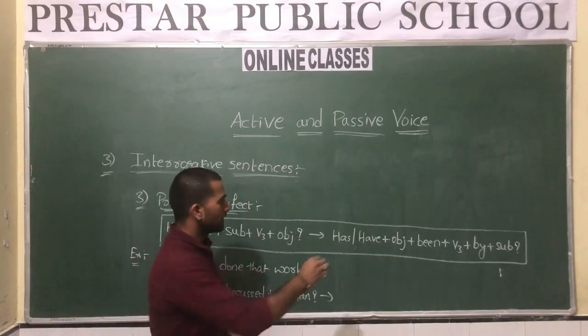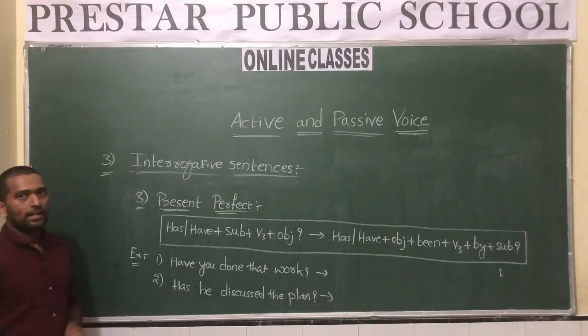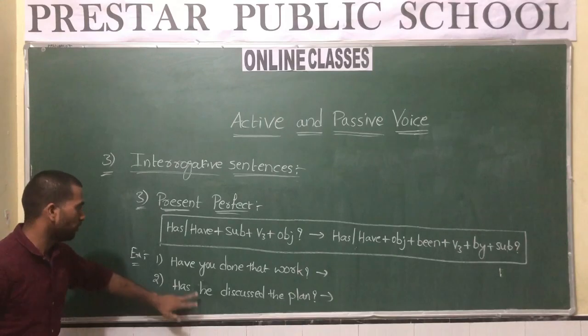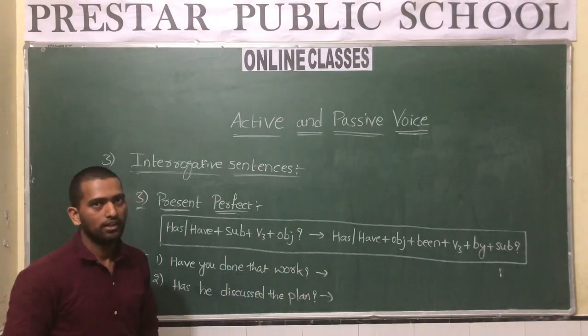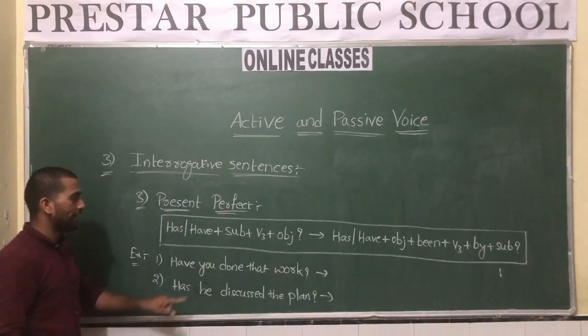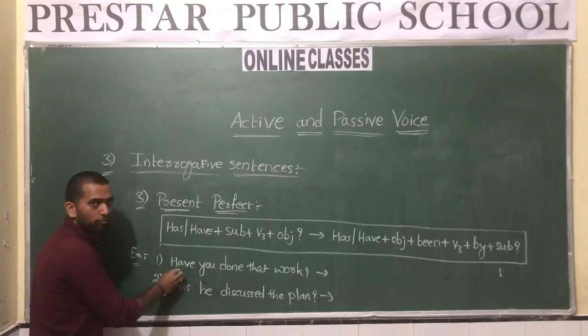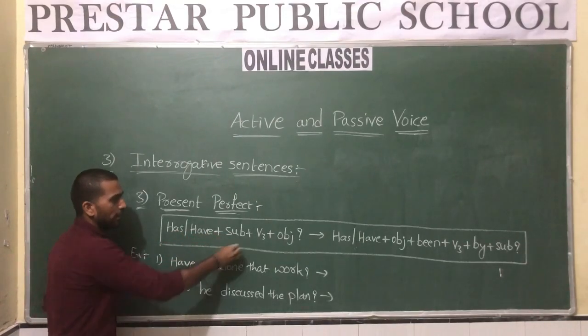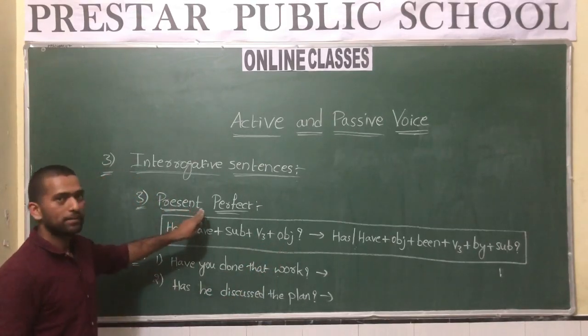In assertive sentences, first the object and then the helping verb. Let us discuss these two examples. Have you done that work? This is in the form of present perfect and it is an interrogative sentence. Has or have is the helping verb here, then the subject, the past participle and the object. So it is in present perfect.